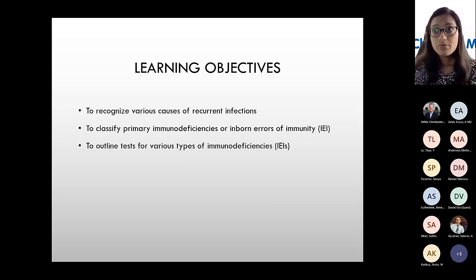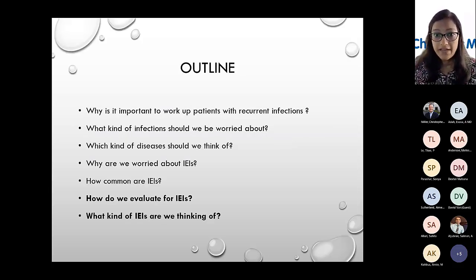Here are our learning objectives: to recognize various causes of recurrent infections, to classify primary immunodeficiencies, now known as inborn errors of immunity, and to outline the tests for various types of immunodeficiencies. So here's our outline. These are the questions that we are going to try to answer today. Why is it important to work up patients with recurrent infections? And what kind of infections should we be worried about?